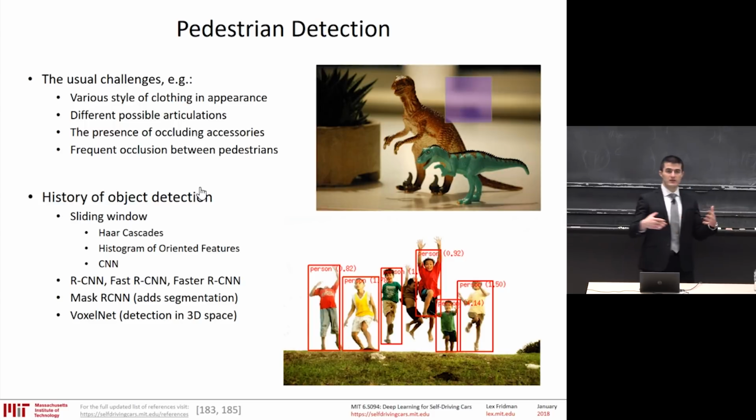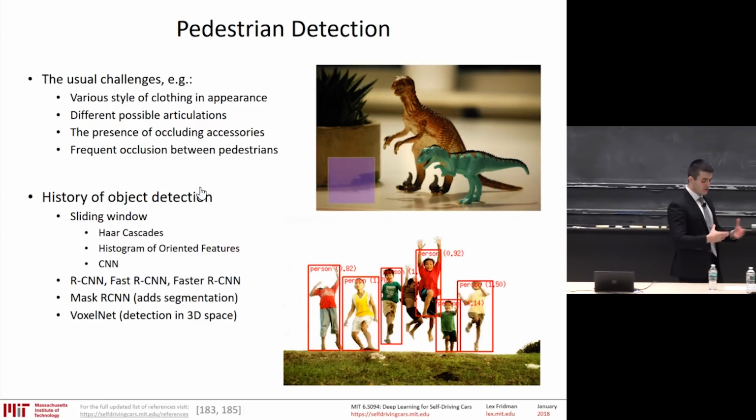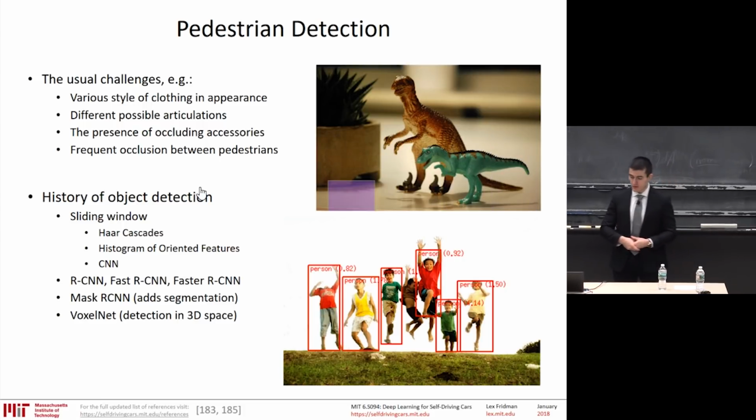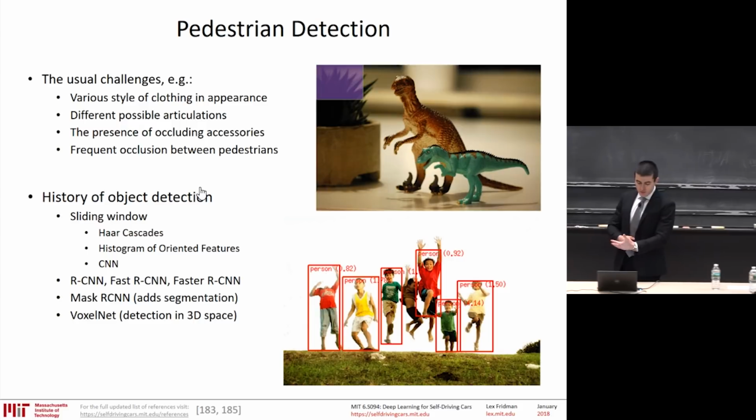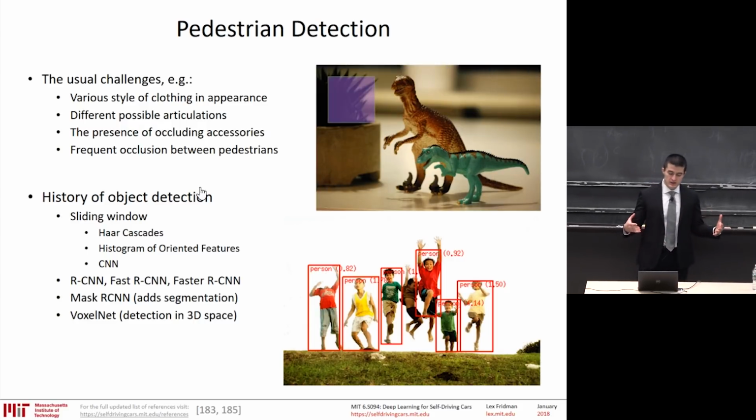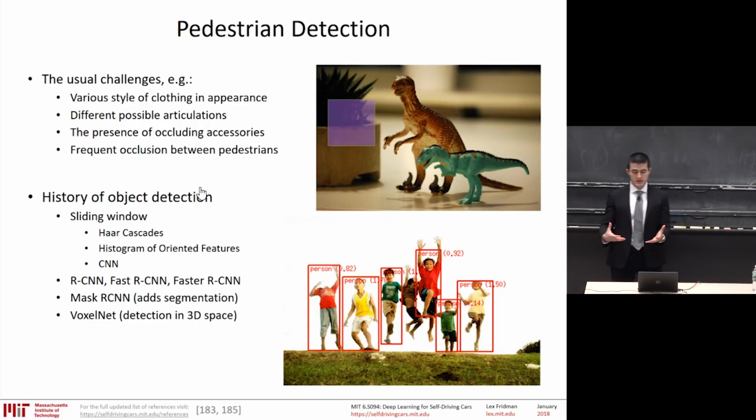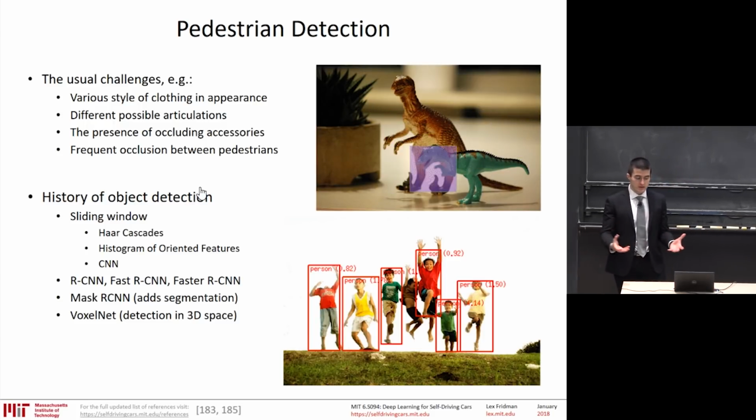Crowded scenes have a lot of humans in them and they occlude each other, and therefore to be able to disambiguate, to figure out each individual pedestrian is a very challenging problem. So how did people approach this problem? Well, there's a need to extract features from raw pixels.